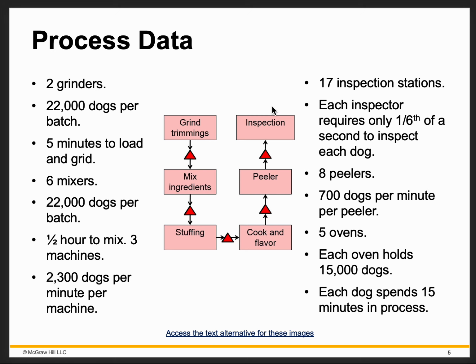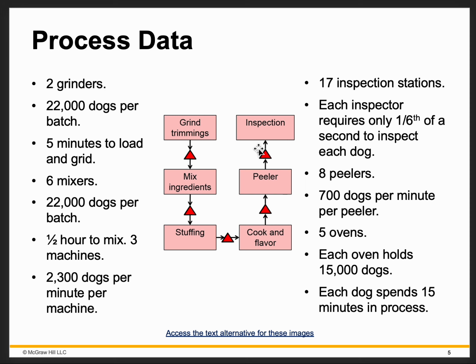Then in the cooking and flavoring, you have 5 ovens. Each oven holds 15,000 hot dogs, and it takes 15 minutes to process each batch through that oven. Then for the peeler, you have 700 hot dogs per minute per peeler, and you have 8 peeling machines. So that's the peeling portion.